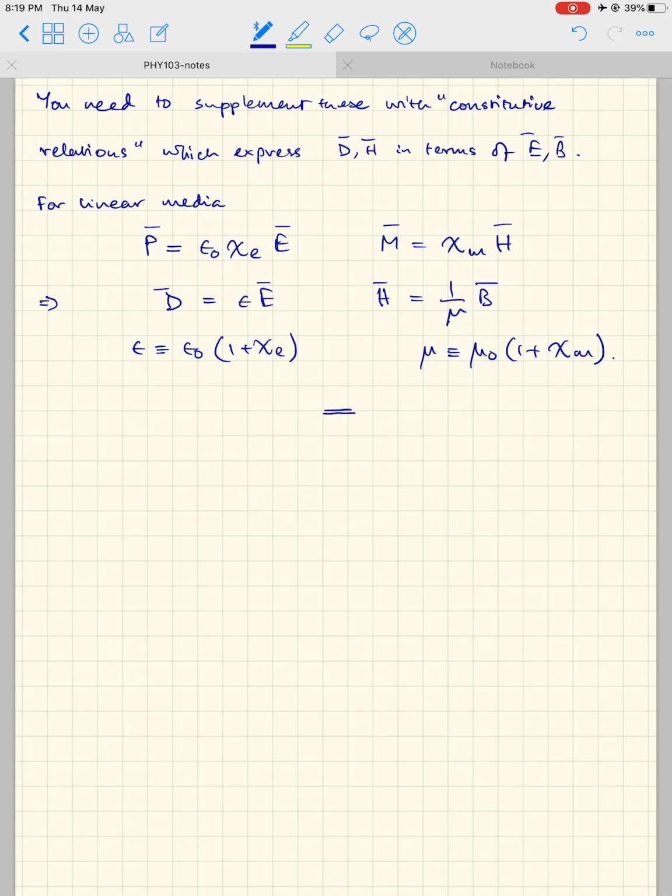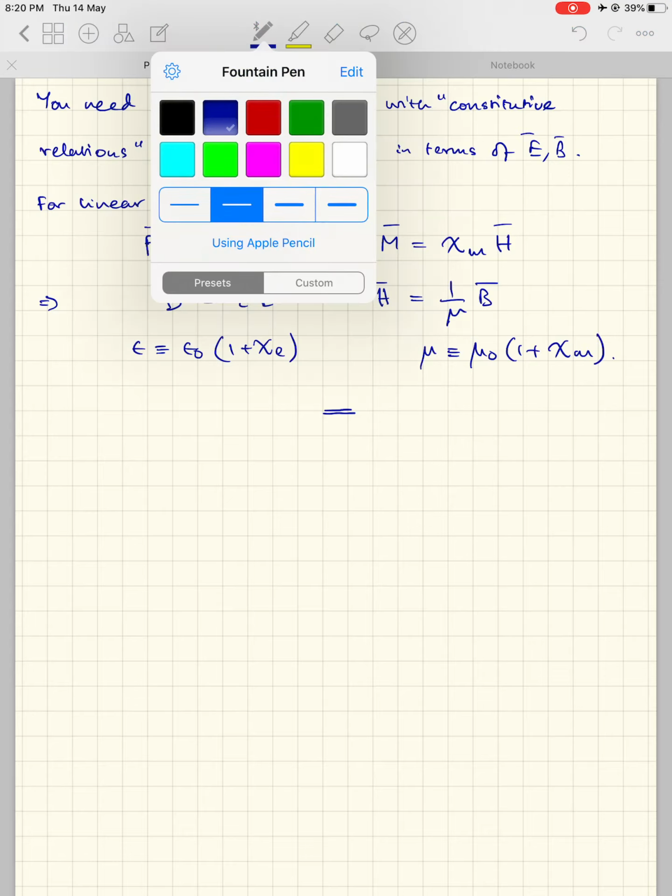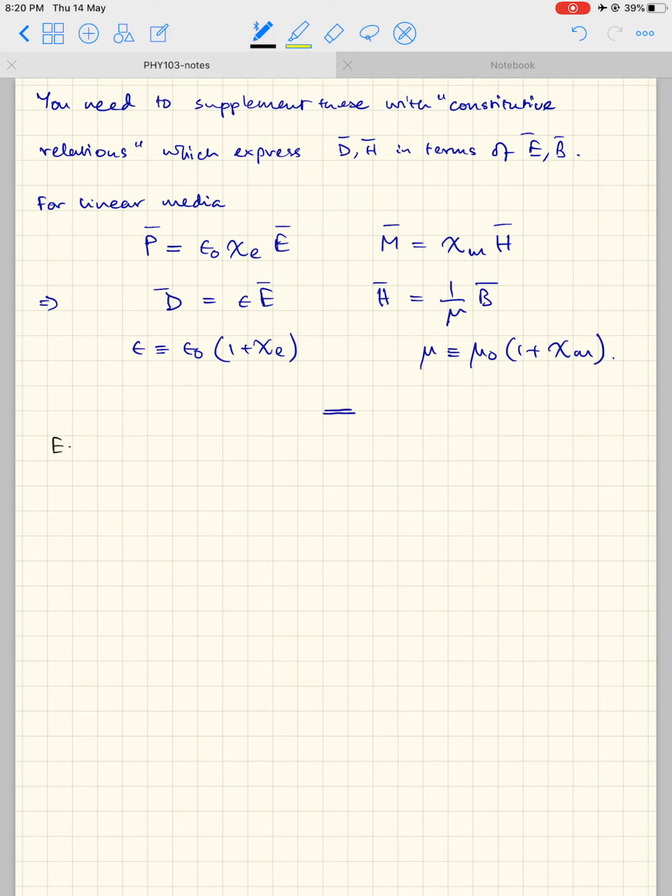So now that we have this, what we want to do is write down electromagnetic waves in matter. Okay. So EM waves in matter. Now we want to look at regions where there are no free charges or free currents.